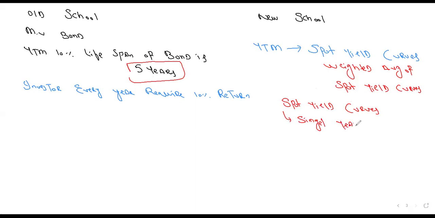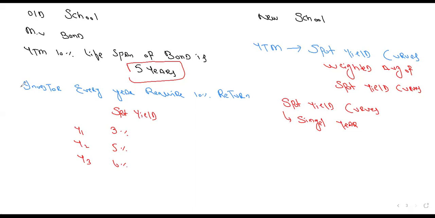Nowadays, the examiner will tell you that year 1 spot yield is 3%, year 2 is 5%, year 3 is 6%.